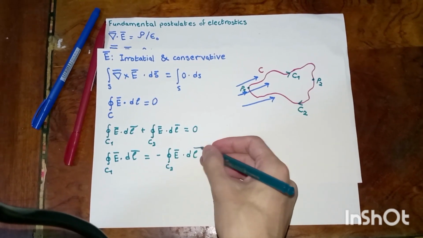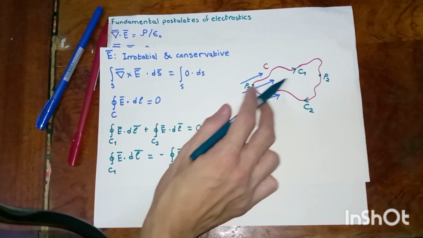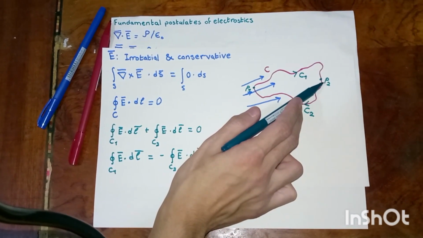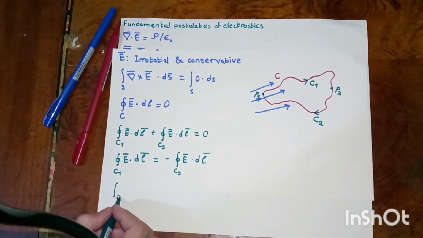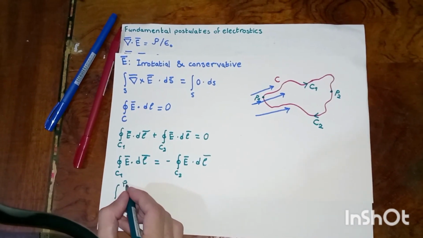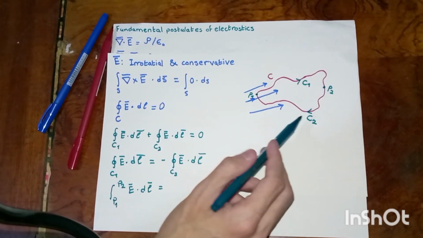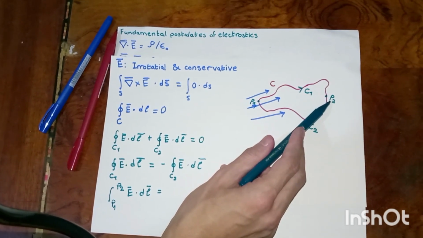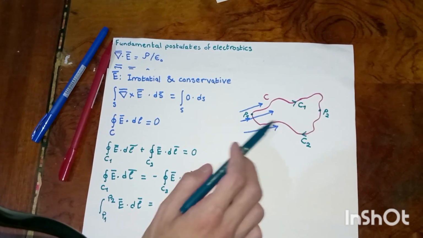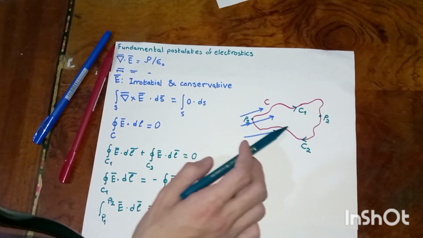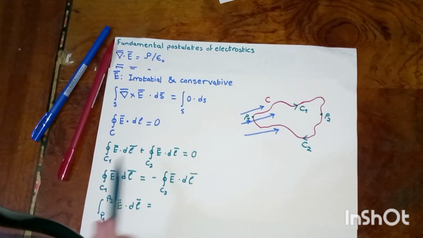Now let's complete the integration. The integration for path C1 is initialized by P1 and ends at P2. The other one is bounded by P2 firstly and then P1, but because of the minus, the order of the boundaries is going to be inversed.